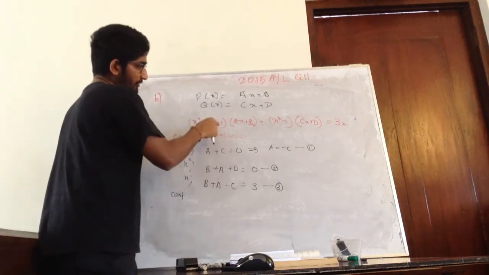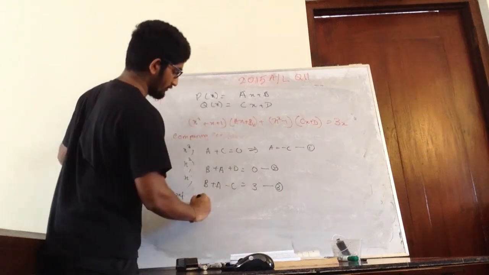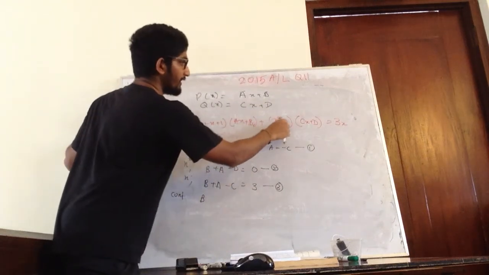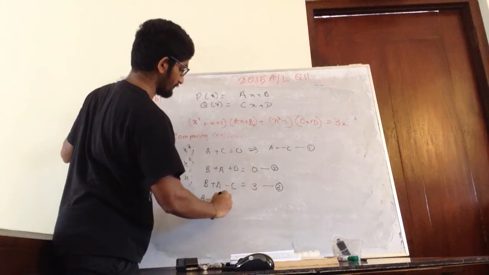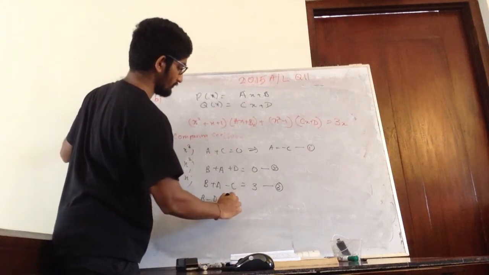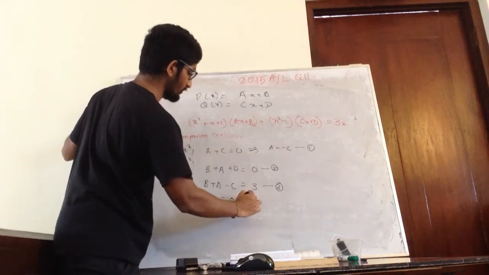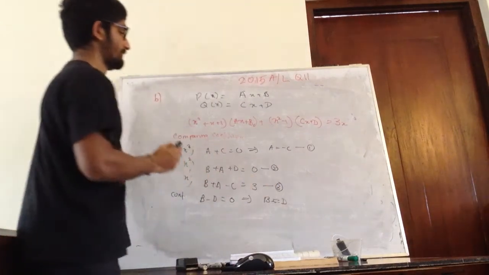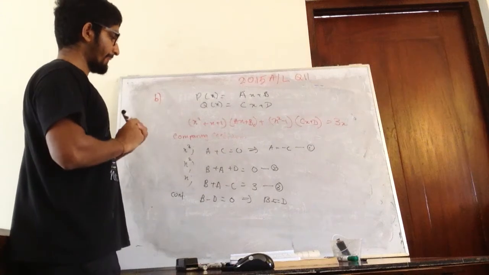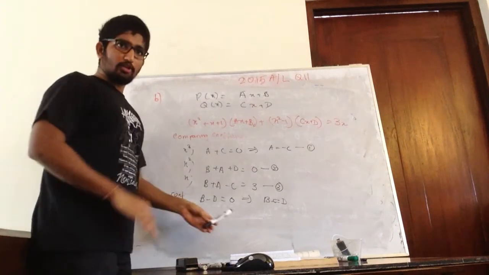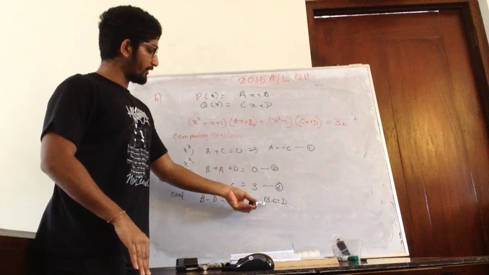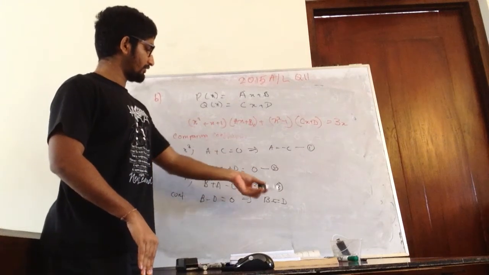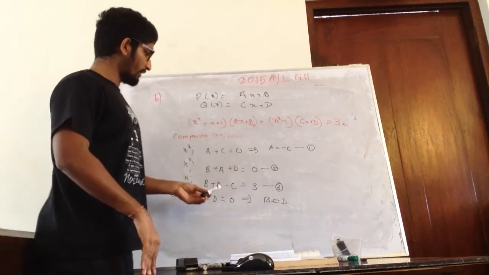The constant comes from 1 into B, then minus 1 into D, and that is equal to 0. That means B equals D. So I know B is equal to D, and A is equal to minus C.